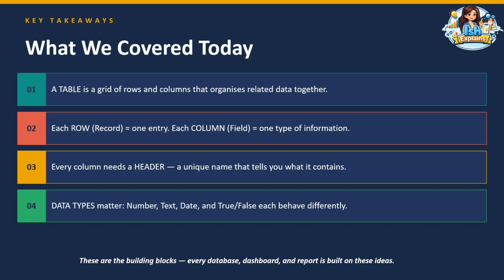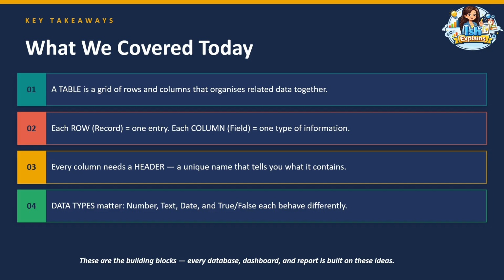A column, another name for a field, holds one type of information. And we talked about data types: number, text, date, Boolean. Mixing them up is one of the most common beginner mistakes.